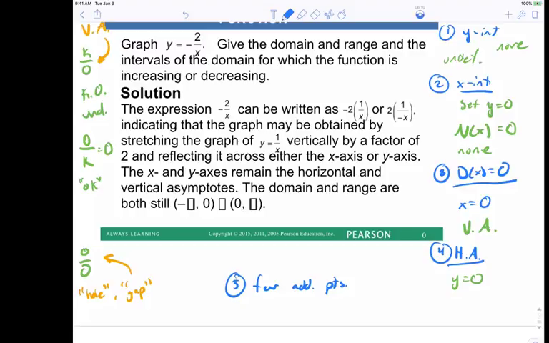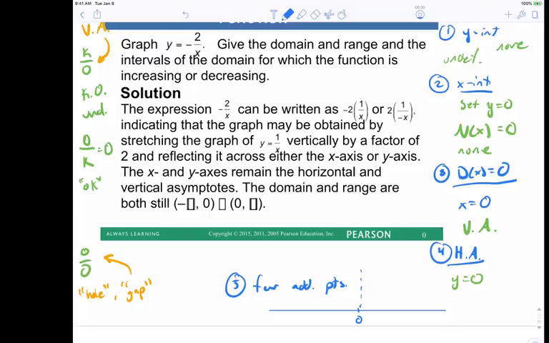For instance, if we look at the number line, we don't have an x-intercept. We do have a vertical asymptote, x equals 0. So the only key number here is x equals 0. We're just going to choose a few points on either side of this. Give me a number to the left of 0.